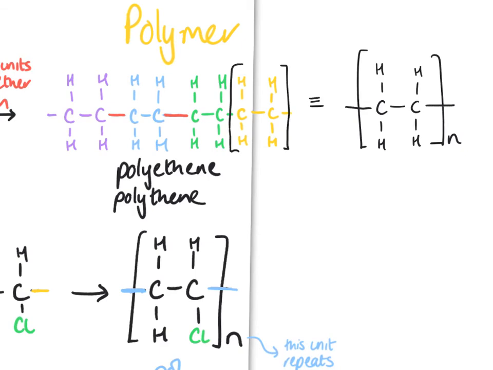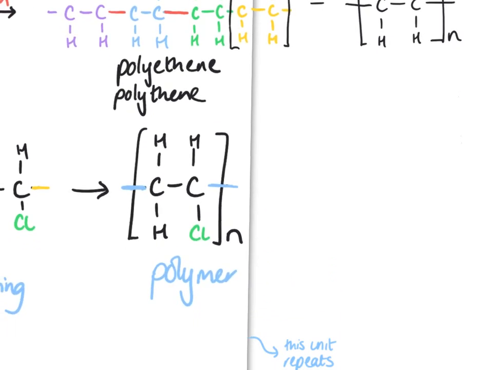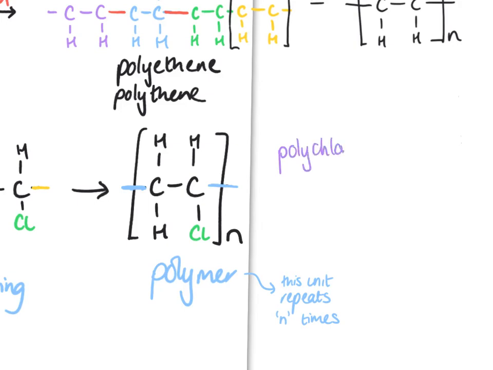Let's briefly just go back to our polymer of chloroethene for a second, just to name that. So if you could write this underneath, that the polymer of chloroethene is simply polychloroethene.